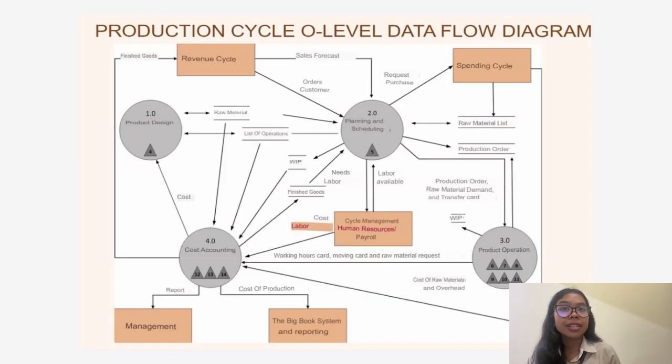And the third stage is the production operation, which involves work in process, a concept used to describe the flow of production costs from one production area to the next. This stage generates time cards, transfer cards, and raw material requests.